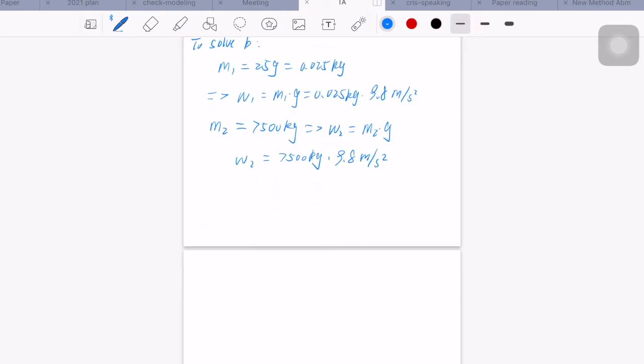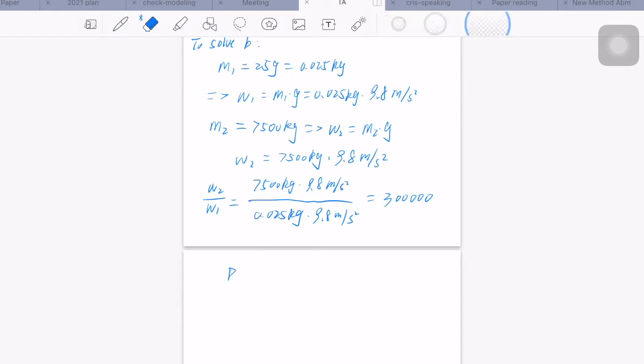Now we know that W2 over W1 equals 7,500 kilogram times 9.8 meters per second squared over 0.025 kilogram times 9.8 meters per second squared. So W2 over W1 equals 300,000. Now we know W2 over W1 equals D2 over D1 to the power of 2, which equals 300,000.